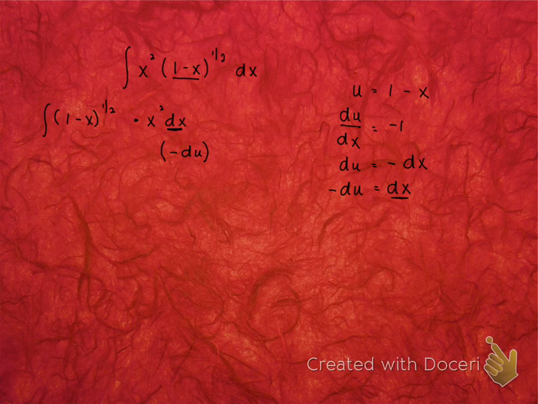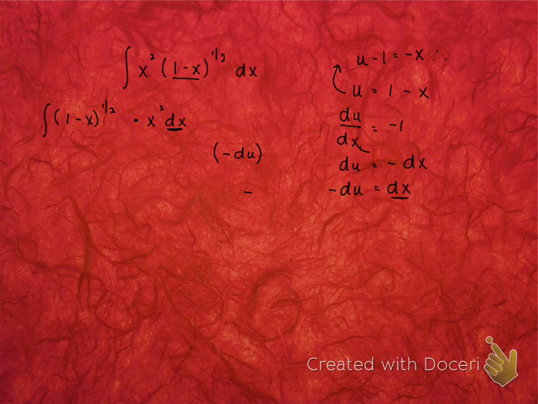Now, because our dx was a dx and what we needed in the problem was x squared dx, our dx's don't match. Okay, so what we need to do about that is go back up to our u equation, and we are going to solve that equation for x. So u minus 1 is equal to negative x.